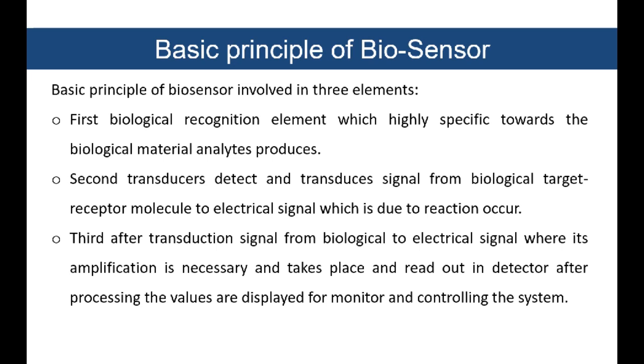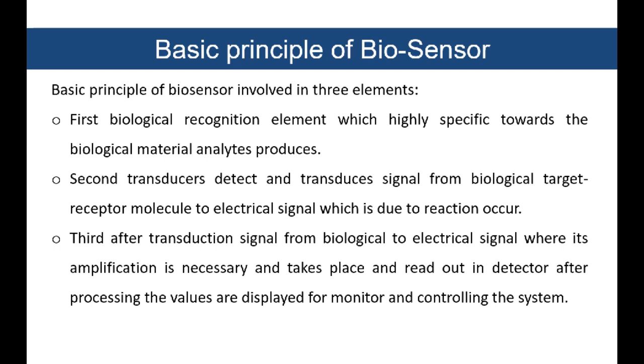The basic principle of a biosensor involves the implementation of three elements. The very first element is the biological recognition element, which is highly specific towards the biological material the analyte produces.